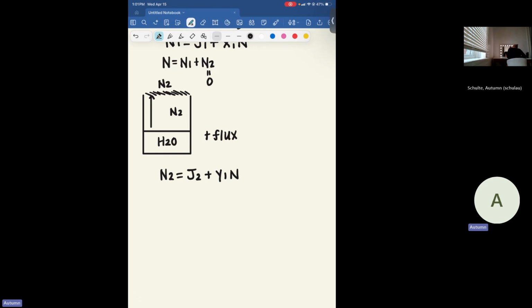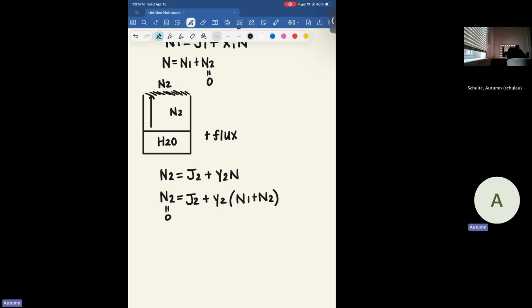Now the overall flux we said was N1 plus N2. So this is going to be the molar flux of component 2 is equal to the molar diffusive flux of component 2 plus the mole fraction of component 2 multiplied by the molar flux of component 1 plus the molar flux of component 2.